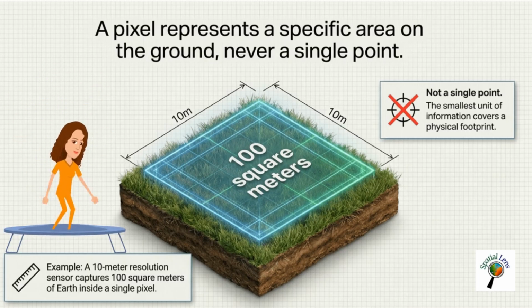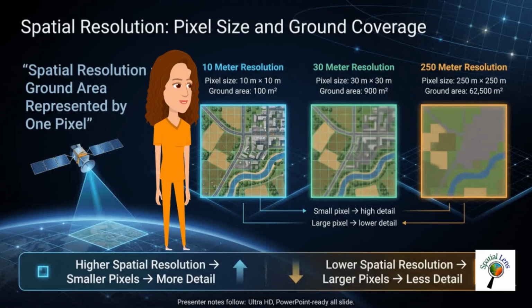That means one pixel covers an area of 100 square meters. Similarly, a 30-meter resolution satellite has pixels representing 30 meters by 30 meters, covering 900 square meters each. A 250-meter resolution satellite represents an area of 250 meters by 250 meters, covering 62,500 square meters per pixel.